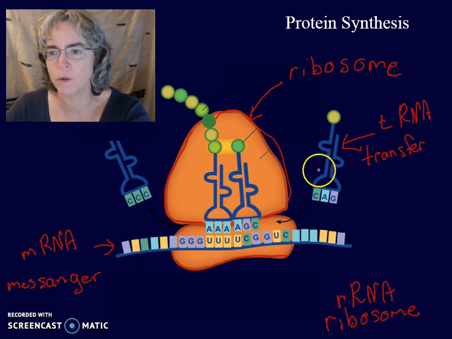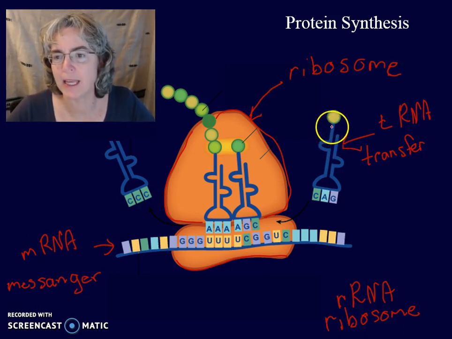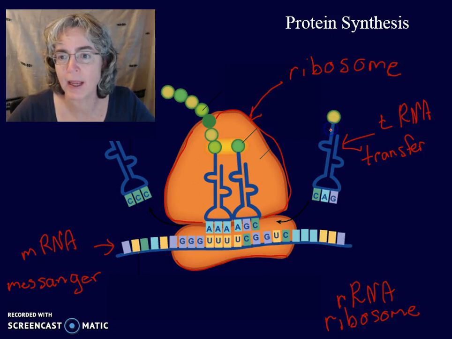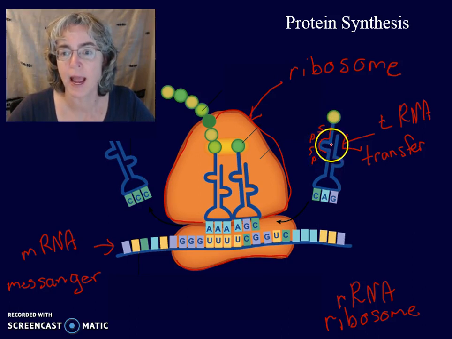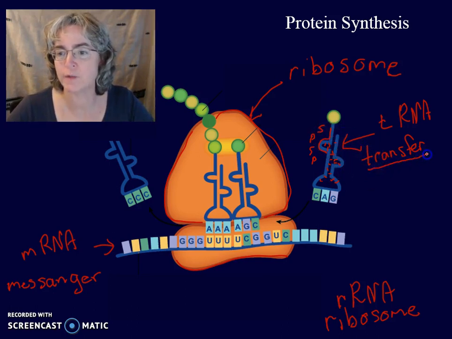This molecule right here, our tRNA molecule, is a single-stranded RNA, so it has our backbone of sugars and phosphates, and it also has our nucleotides in here as well. And it's folded up into a transfer molecule.